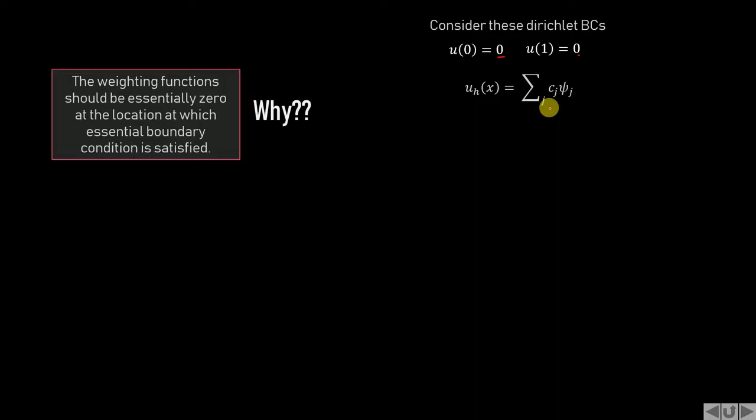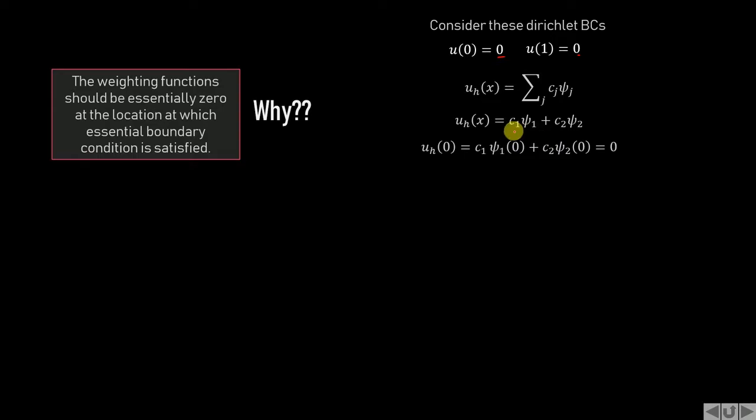Now let's take just 2 dimensions. So we can write the trial solution like this. When we evaluate the trial solution at 0, this is a function of x, right?